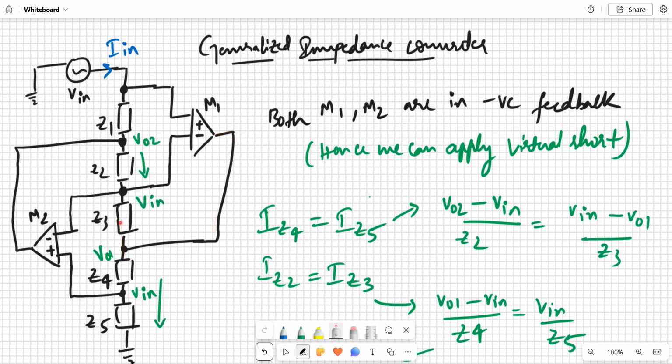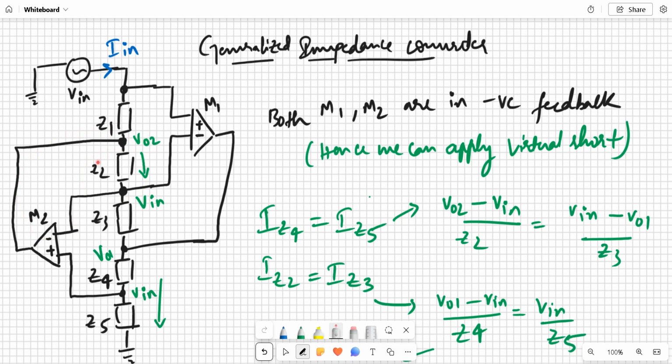For op amp M1, the feedback loop contains only Z3, which is a passive element, and for op amp M2, the feedback loop is this, and it contains Z2, which is also a passive element. So we can be certain that both the op amps are in negative feedback.